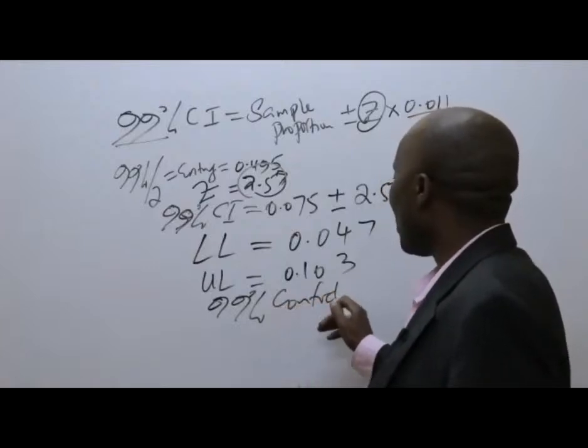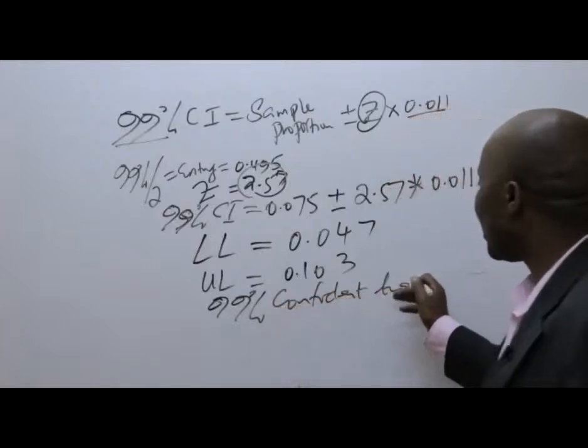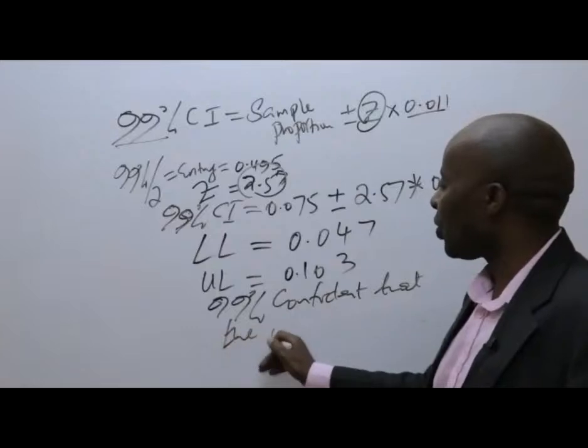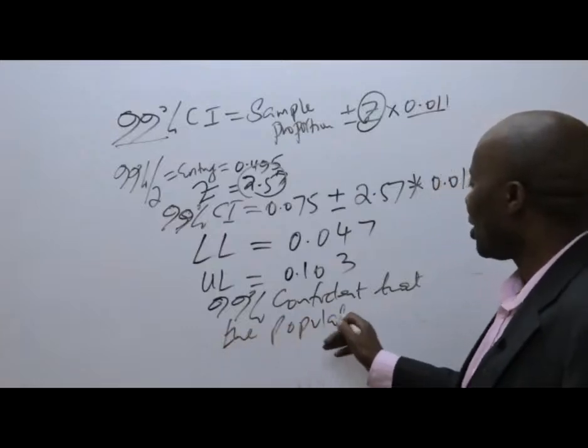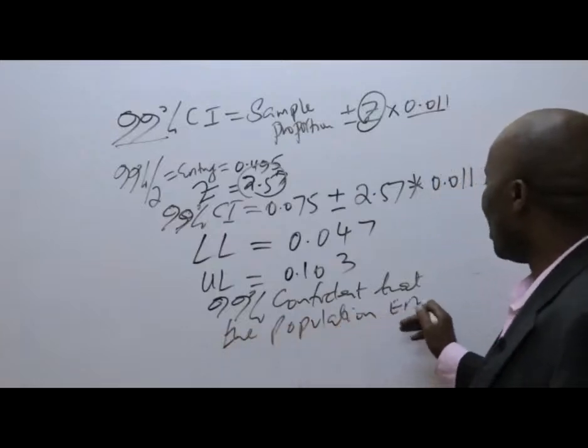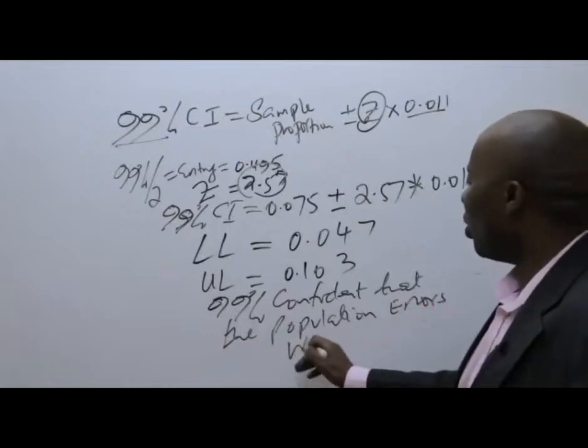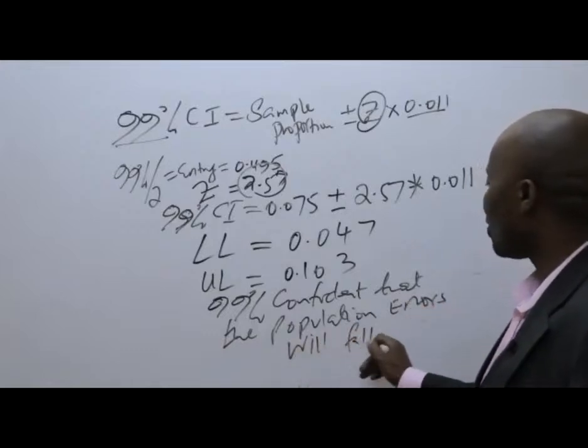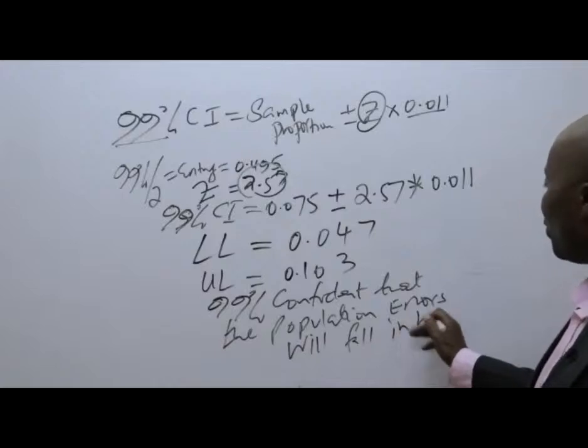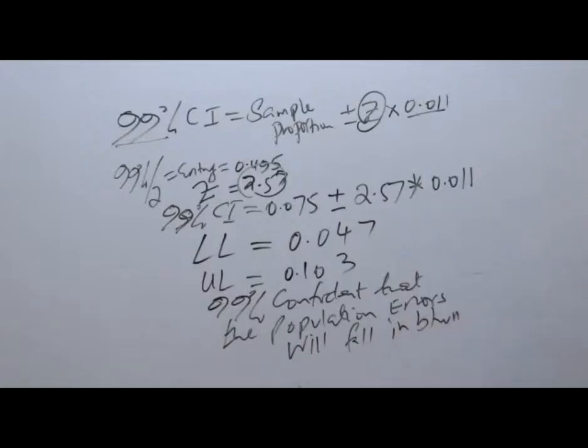So meaning that we are 99% confident that the population errors will fall in between 4.7% and 10.3%.